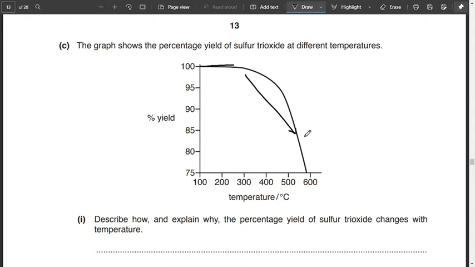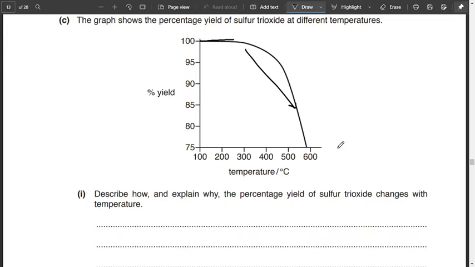This tells us that the reaction is exothermic, as the equilibrium moves towards the left as temperature is increased. As the temperature is increased, the yield, that is the right side, decreases, and the reactant side increases. That is why it is an exothermic reaction.